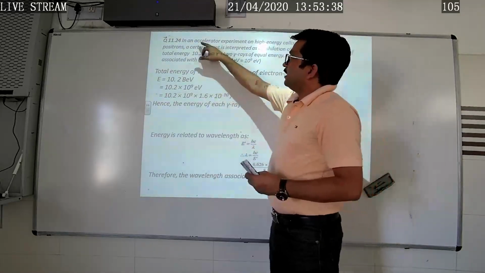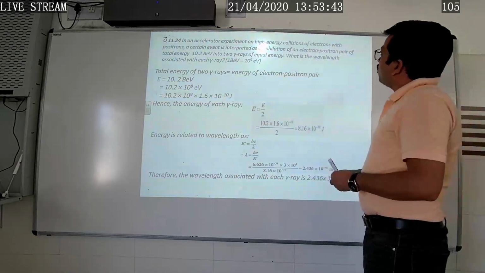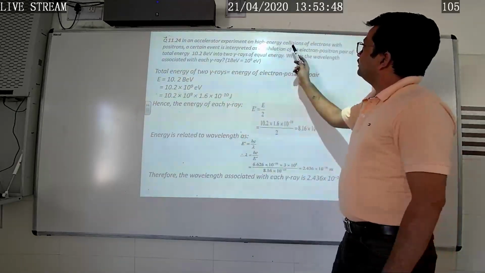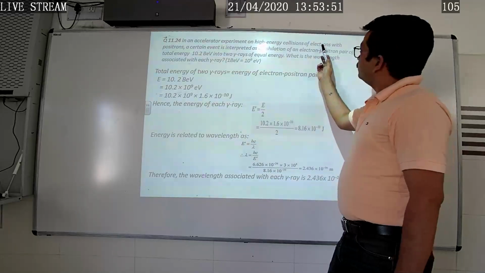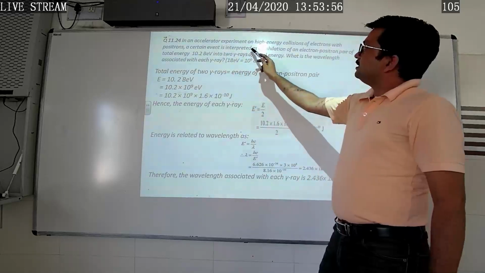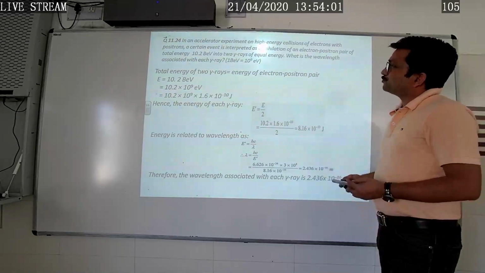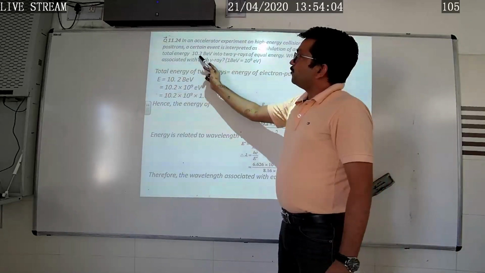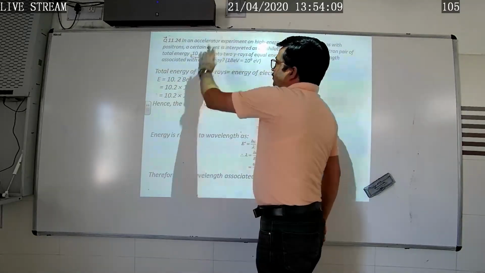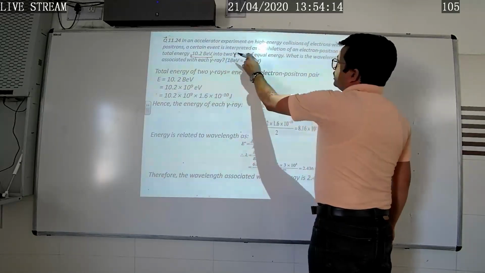Okay, in an accelerator experiment on high energy collisions of electrons with positrons, a certain event is interpreted as annihilation of an electron-positron pair of total energy 10.2 billion electron volt, billion meaning 10 to the power 9, into 2 gamma rays of equal energy.